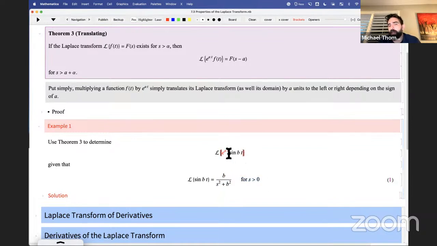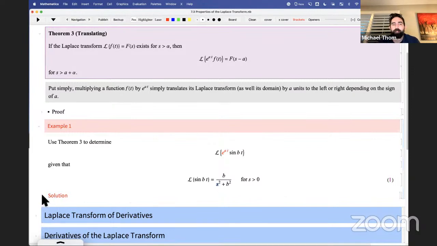Then when you multiply by e to the at, all it's going to do is translate this result. So instead of going to an s, that s is going to be shifted. So now it's going to be s minus a.